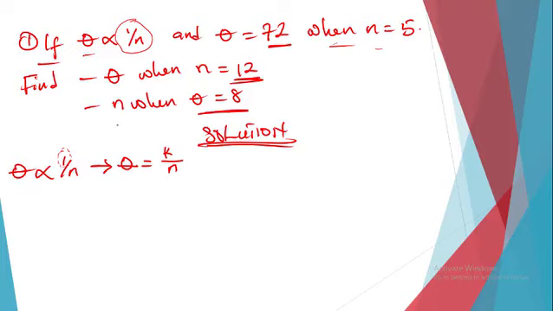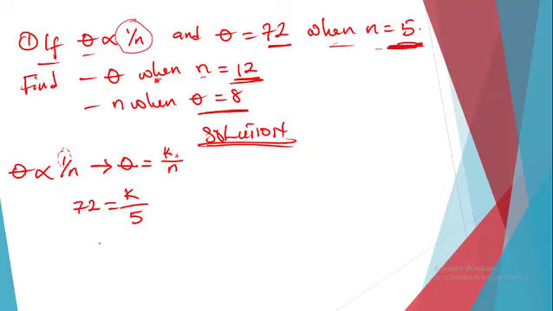Now they said we should find theta when n is equal to 12. But the first thing we need to find here is what? Is k. We find the value of k. Now theta from the question is given to be 72. We write down 72, and then we have k all over n. n is given to be 5 from the question.